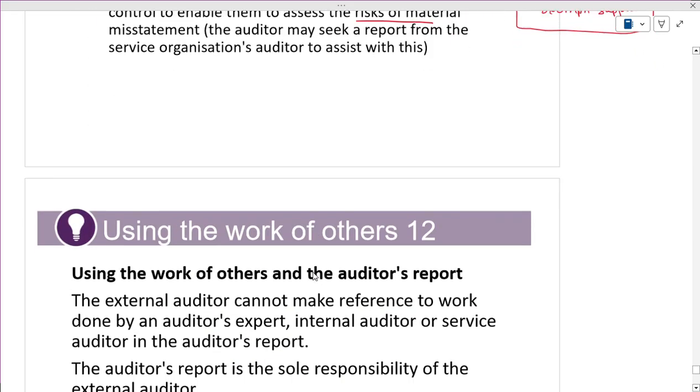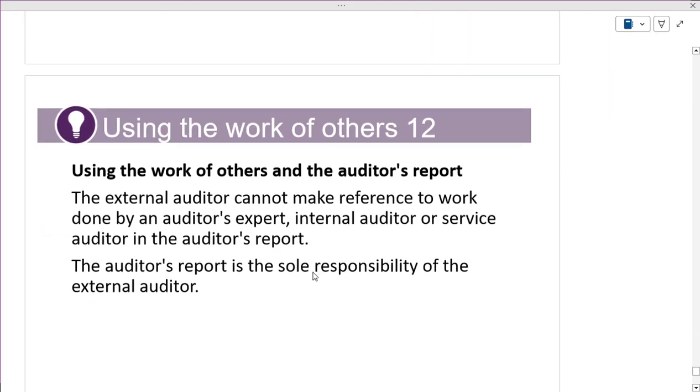Their internal controls mechanism should also be very, very effective. The external auditor cannot make reference to work done by an expert. This is what I am saying. This is where they will test us in the examination.